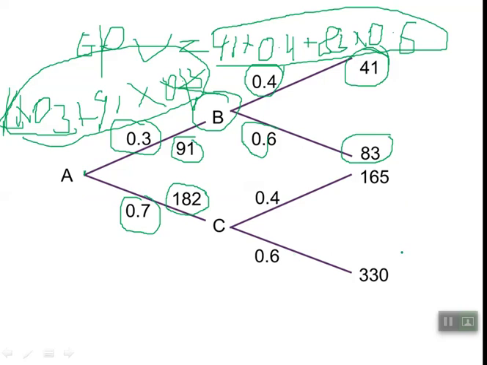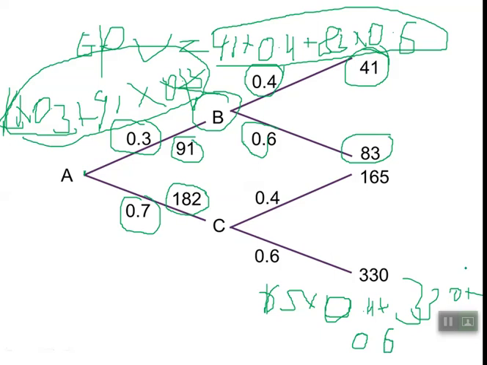So in this case, for the first one, it will be 165 times 0.4 plus 330 times 0.6.